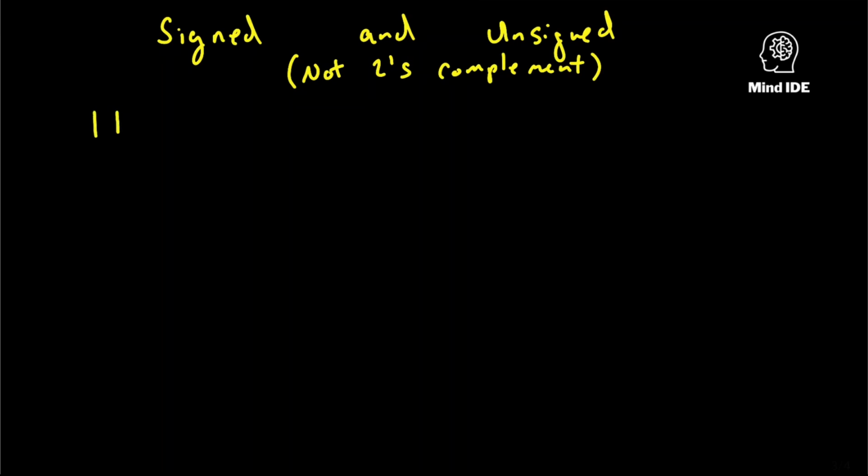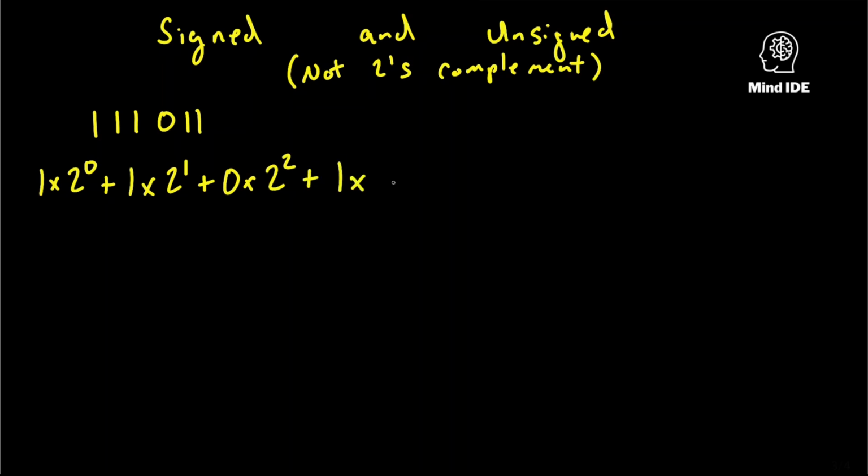So let's say you have 1, 1, 1, 0, 1, 1. Okay. So if you just take this number and do like what we were doing, 2 to the 3, 1 times 2 to the 4, 1 times 2 to the 5.